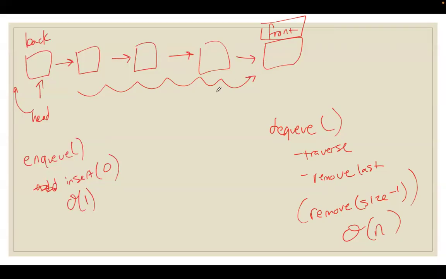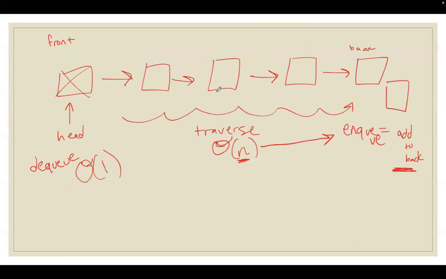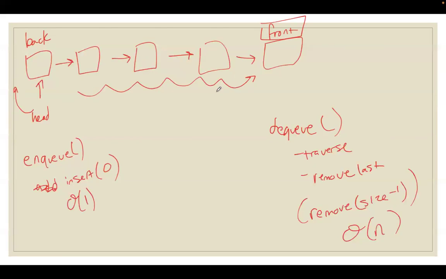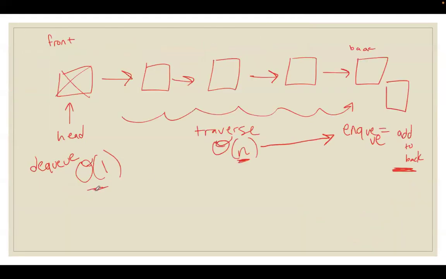Okay, so between the two of these, is there any benefit to one over the other? No, right? In terms of efficiency, we've got constant time or linear time, and then we've got constant time or linear time.